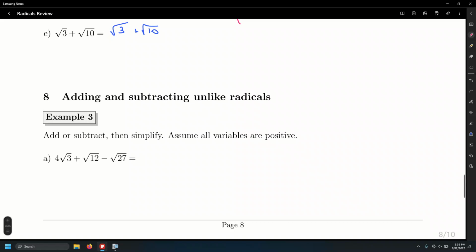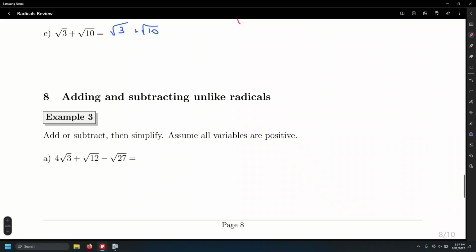However, because they're asking us to add or subtract and then simplify, that means there's a way to put them together. And I think up to this point, after simplifying a lot of radicals using the product rule one way and vice versa, you can see the pattern of what we're going to do, because there is a root of 3 that can potentially be here and there, right?